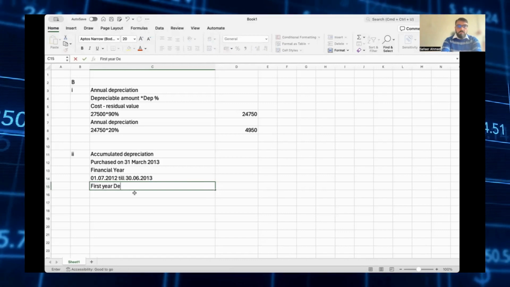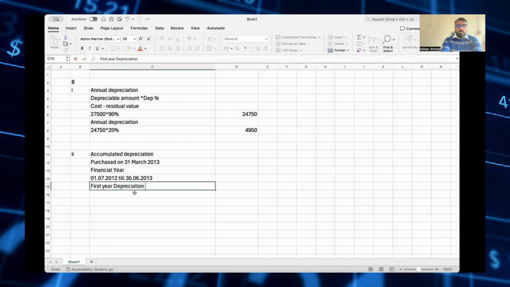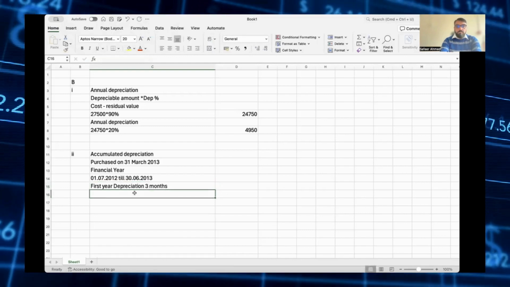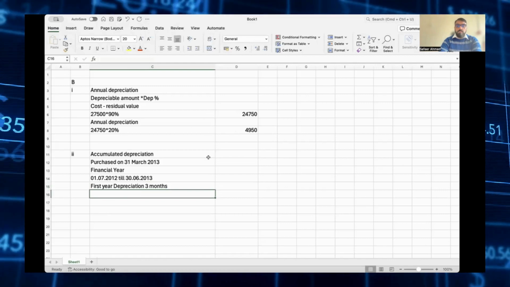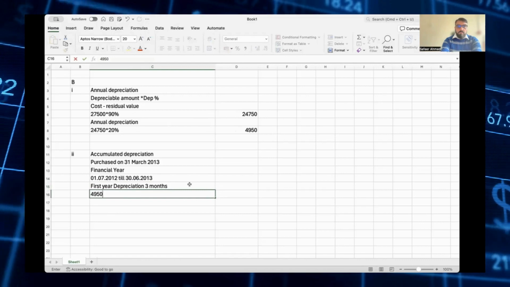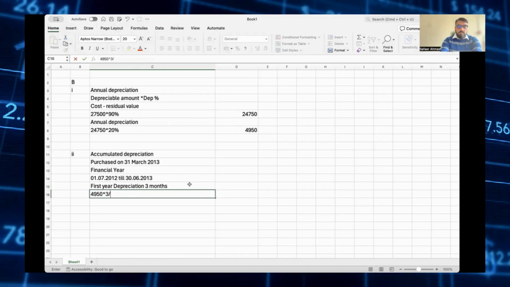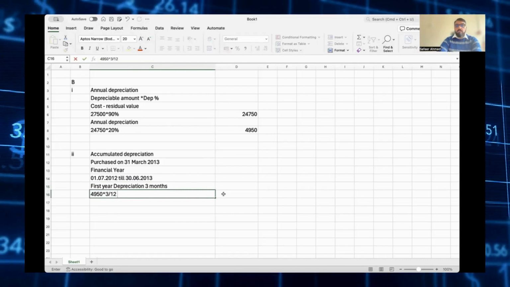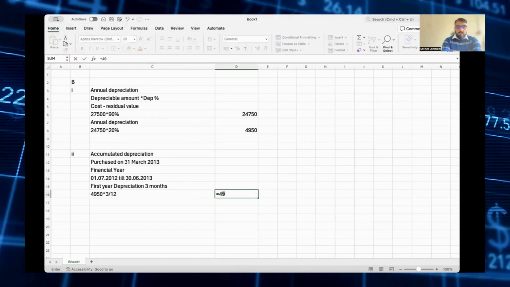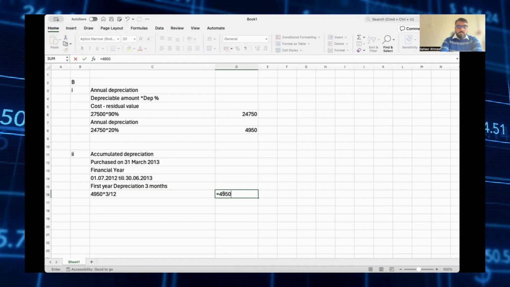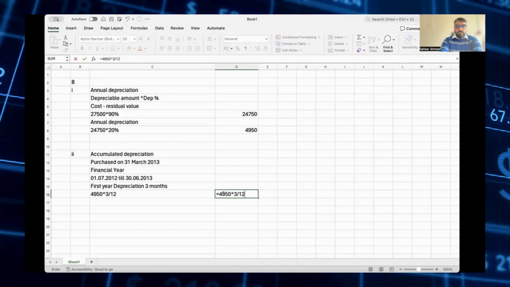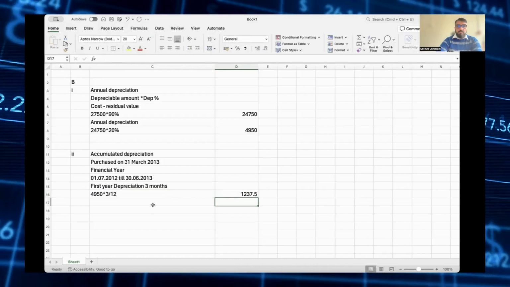So first year depreciation will be proportioned for 3 months. We already know the annual depreciation, which is 4950. And if you multiply it by 3 divided by 12, it will give you the first year depreciation, 4950 times 3 divided by 12. So that's the first year depreciation.